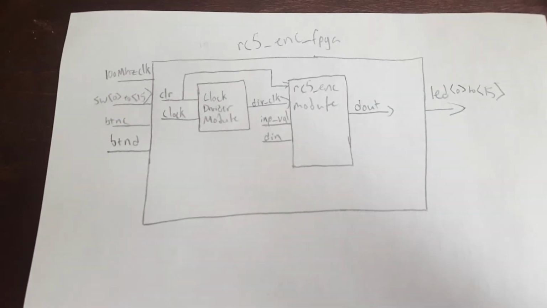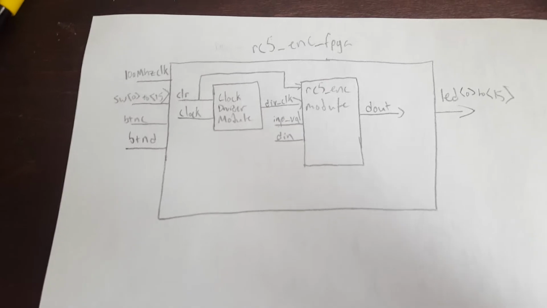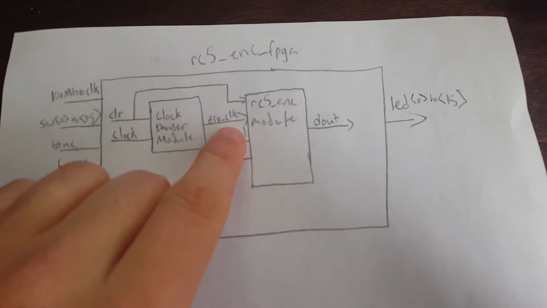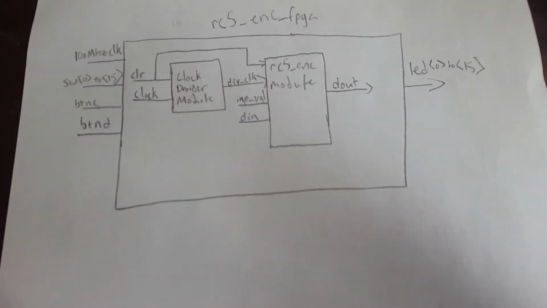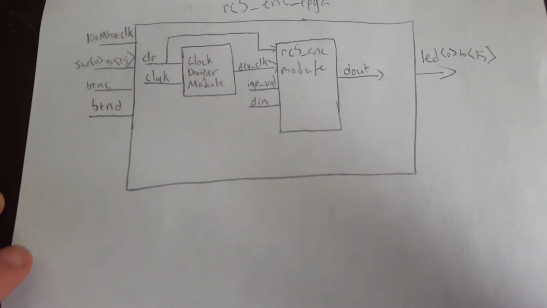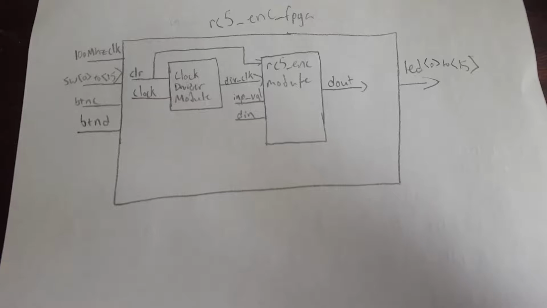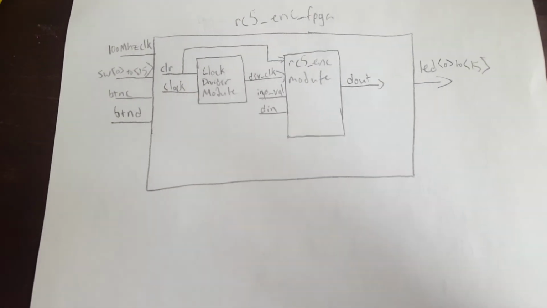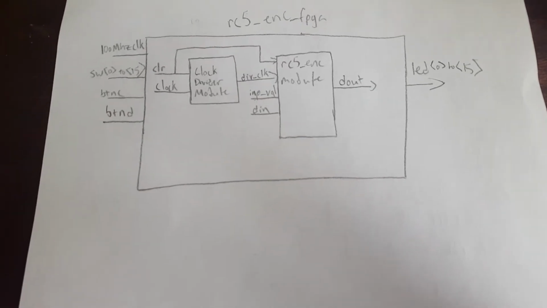Or we would actually be able to see each of the rounds, the different inputs as they go through, about a second apiece. So the divided clock then goes into the RC5 encryption module. And I also know that this is only the simple function, it's not the true encryption, but I named it that in case I wanted to expand later.